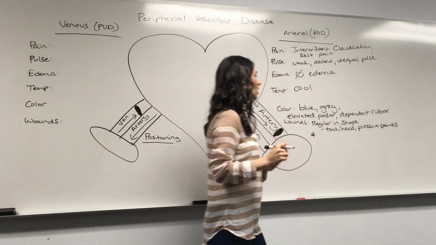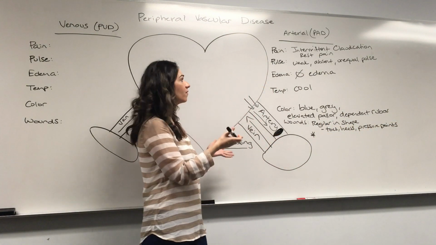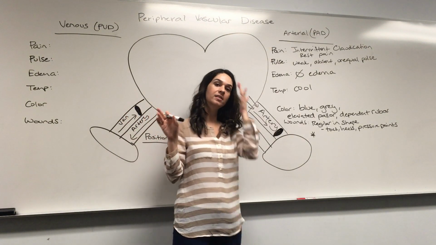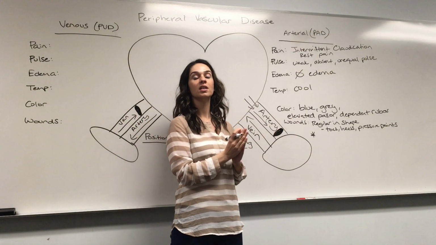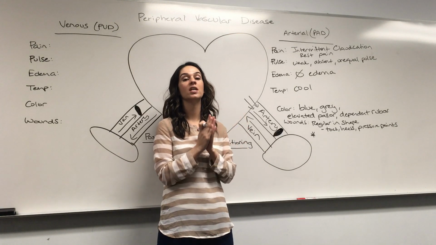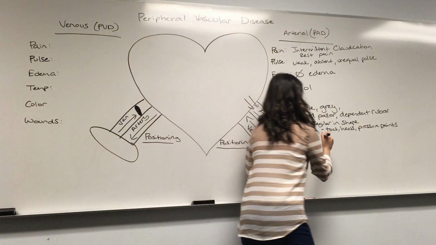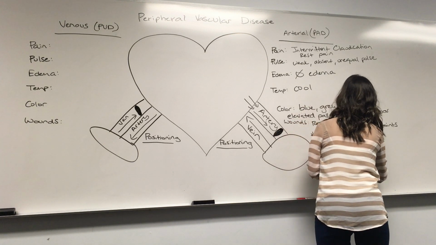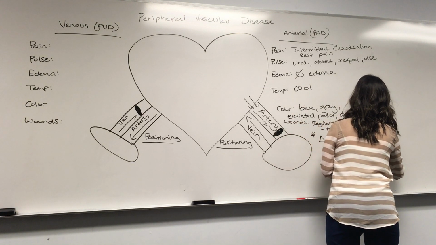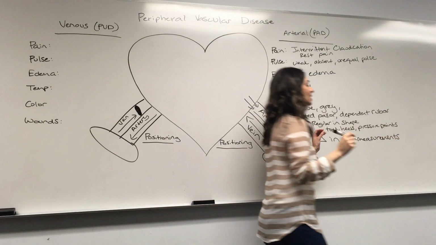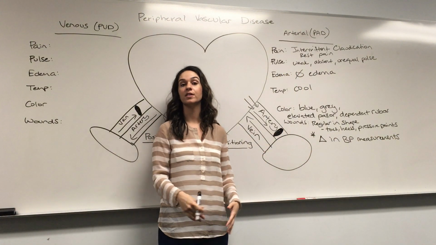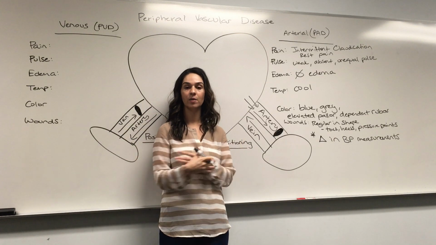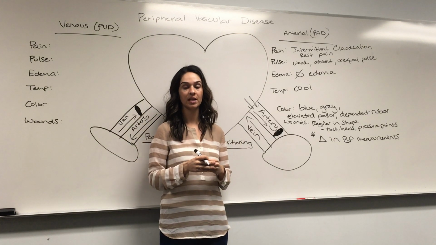I put a little star here because there's something very specific to arterial disorders that doesn't pertain to venous. With arterial disorders, you're going to think that there is going to be a change in blood pressure measurements. So I'm going to put change in BP measurements. So typically, if we have to, for instance, let's say we had a double radical mastectomy client and we couldn't get a blood pressure in the upper extremities.